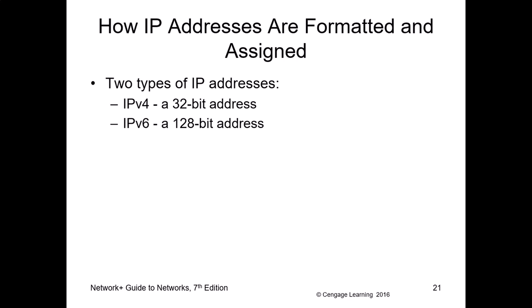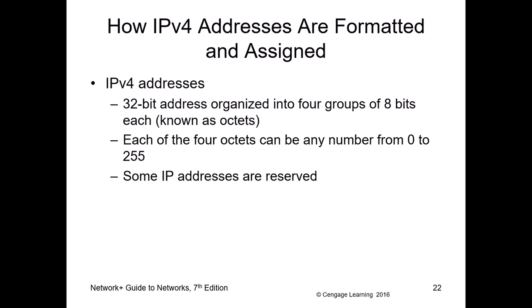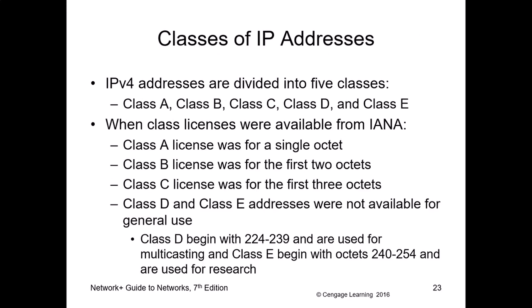The IPv4 address is a 32-bit number broken down into four octets, right? 4 bytes, and no byte can be larger than 255, like we said. And there are 5 classes: A, B, C, D, and E. We will talk about this also in class.